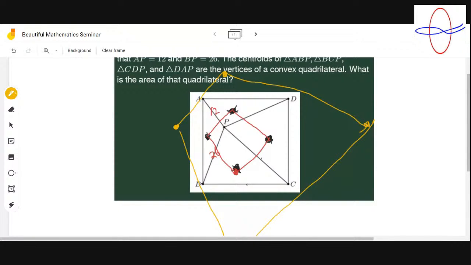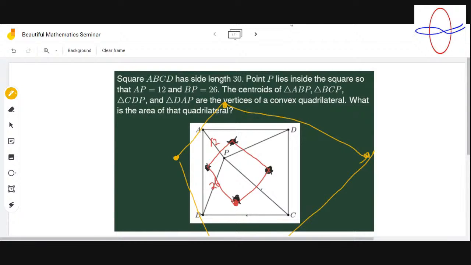So someone said coordinate axes. Sure, sure. Coordinate axes is a good way to do it, but I wanted a pure geometrical solution. So can someone tell me, this diagonal, is it parallel to AD and BC?